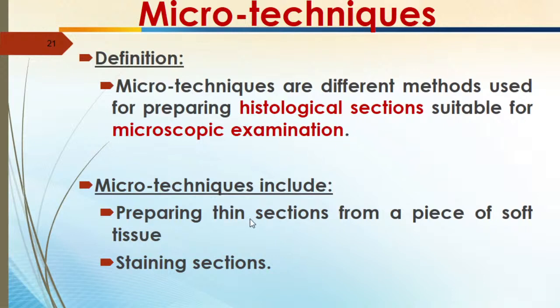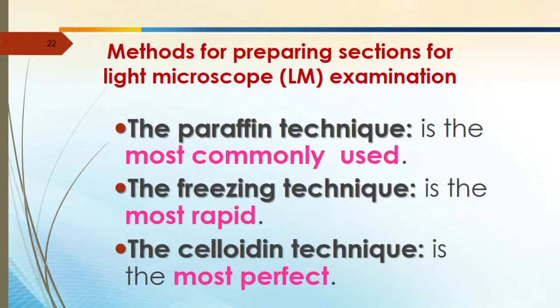Microtechniques include preparing thin sections from a piece of soft tissue, and after that, staining the sections. First of all, we have different methods, for example the paraffin technique. It is the most commonly used, not only in our department but all over the world, a classical routine technique.